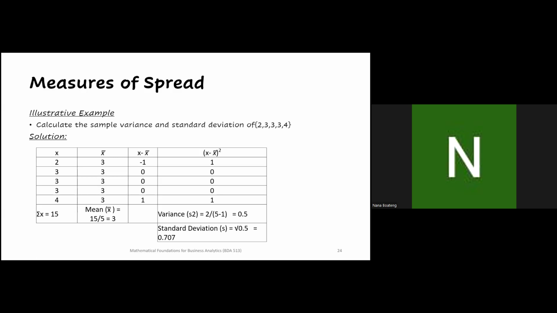However, practically, sometimes it's difficult to get the whole population. Let's say you want to find something about the people who have cancer. You cannot go to all the hospitals in Ghana to get that information. So normally what we do is that we take a sample, and then with the sample, we do an estimation.